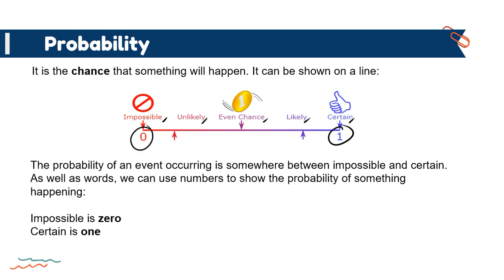As well as words, we can use numbers to show the probability of something happening. So, if the given event is impossible to happen, that is 0. Okay? Impossible is 0.